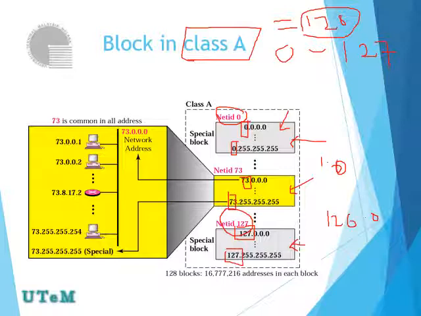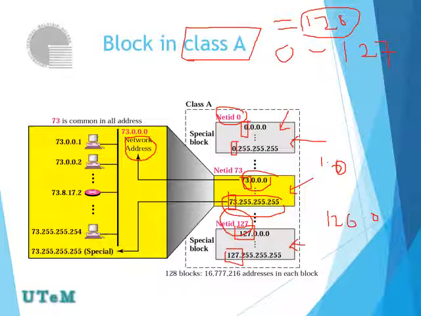Let's say we pick one block, 73.0.0.0. This is the first address, and this is the last address. The first address is the network address, and it cannot be assigned to any host in the network.